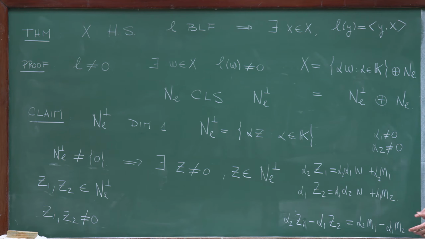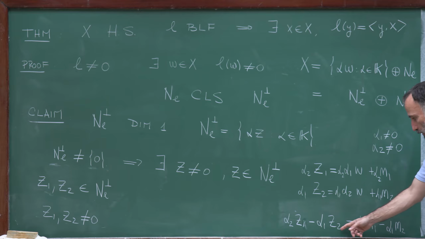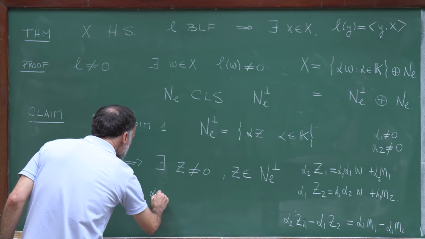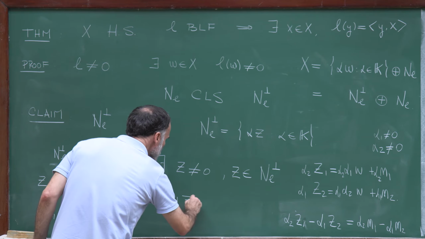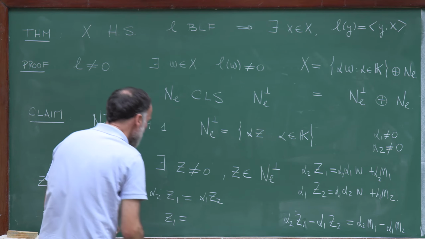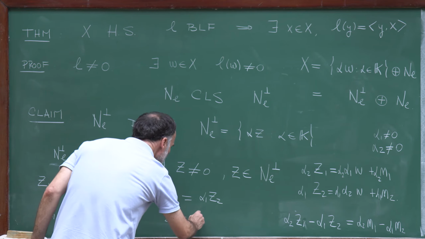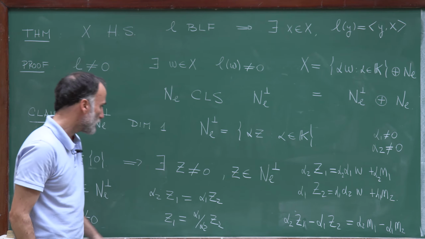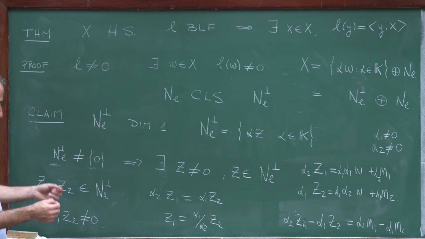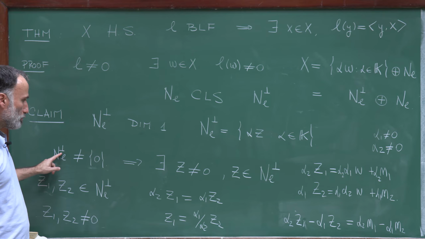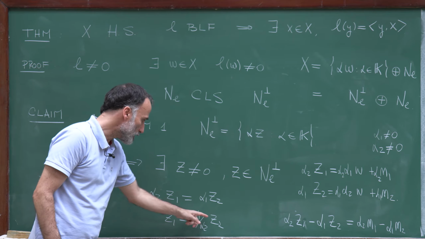Therefore, since the only element which at the same time belongs to the orthogonal space and to the null space is 0, we have that both sides are equal to 0, and from that I conclude that alpha 2 Z1 is equal to alpha 1 Z2, and therefore that Z1, because alpha 2 is different from 0, is equal to alpha 1 over alpha 2 times Z2. Therefore I can't find two different elements of the orthogonal set which are linearly independent.